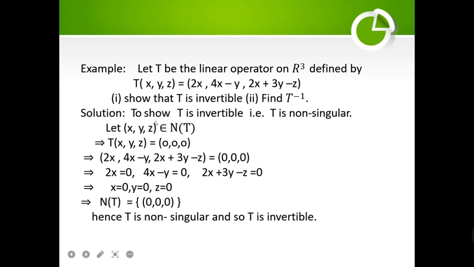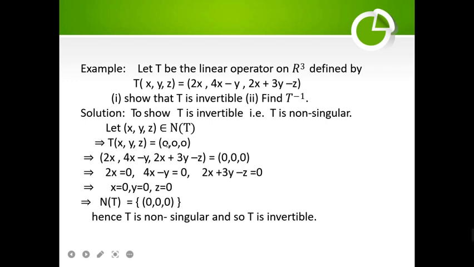Let (x, y, z) be an element of the null space of T. Then T(x, y, z) = (0, 0, 0) because these are three elements.